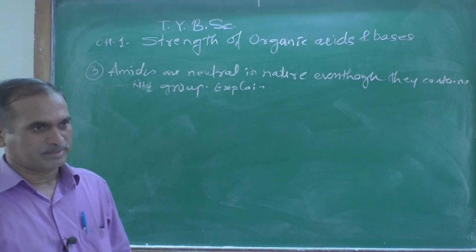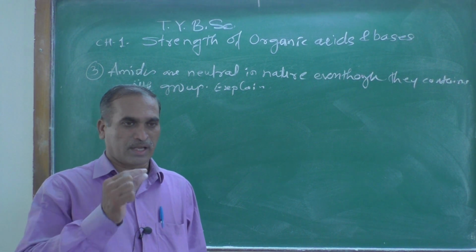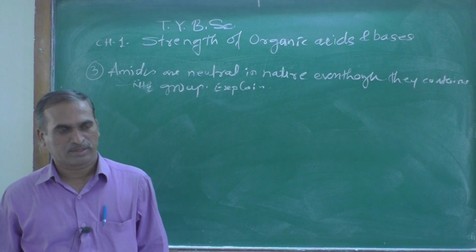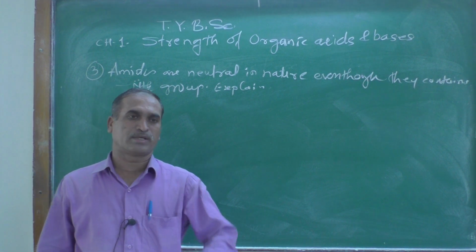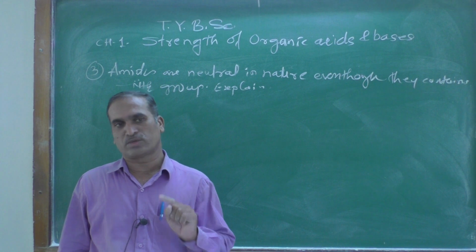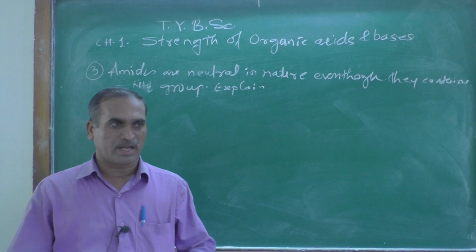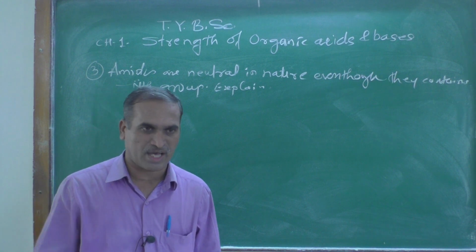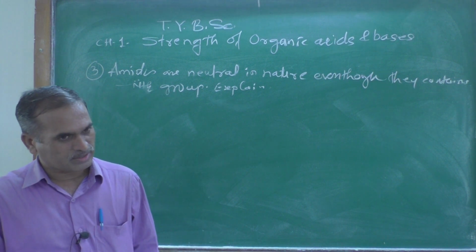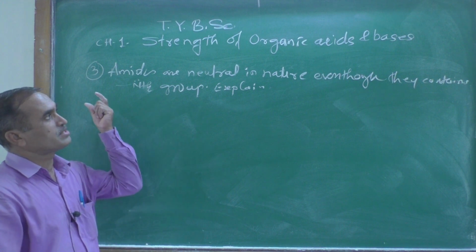What we said regarding organic bases is that those organic compounds containing a nitrogen atom are basic in nature, but there are a few exceptions. Among those few exceptions, amide is one.